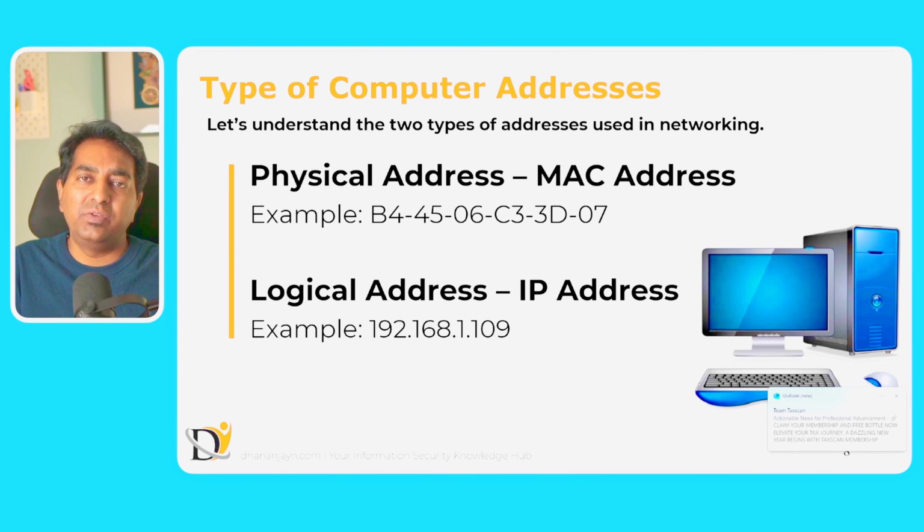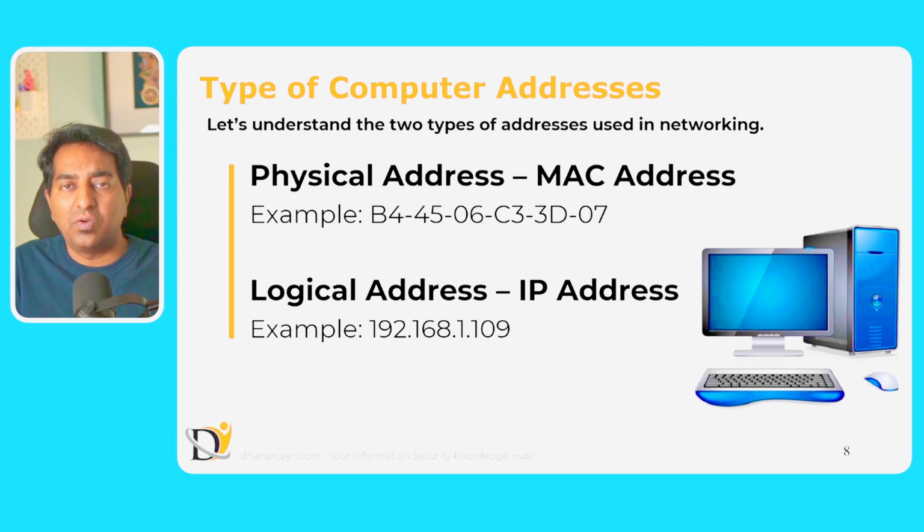Suppose you are at home and you connect to your wireless access point, the IP address assigned to your computer could be different than the IP address the office Wi-Fi router assigns to your computer. It could be a different IP based on the logic that we have configured in the access point. That is the reason we call an IP address a logical address.